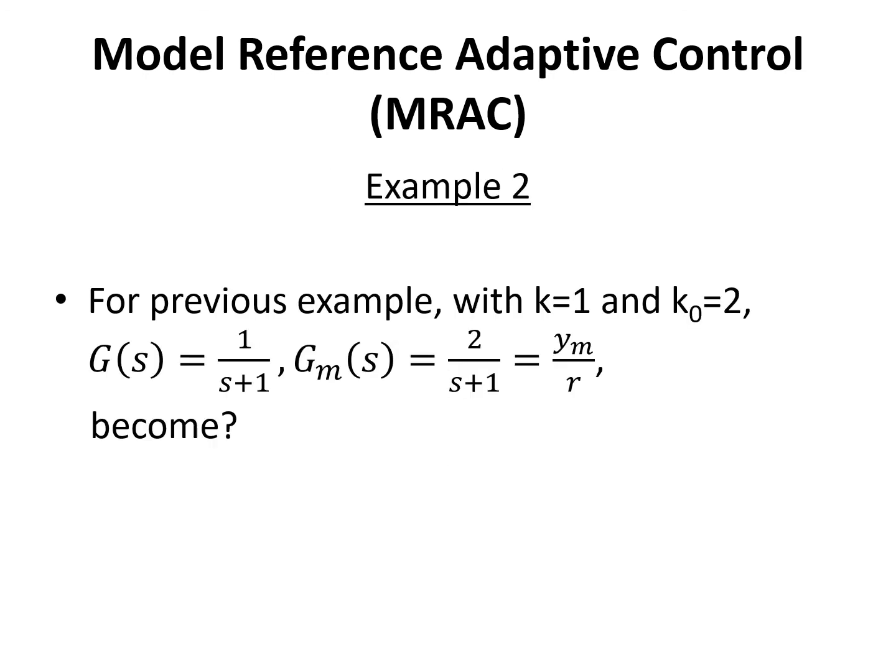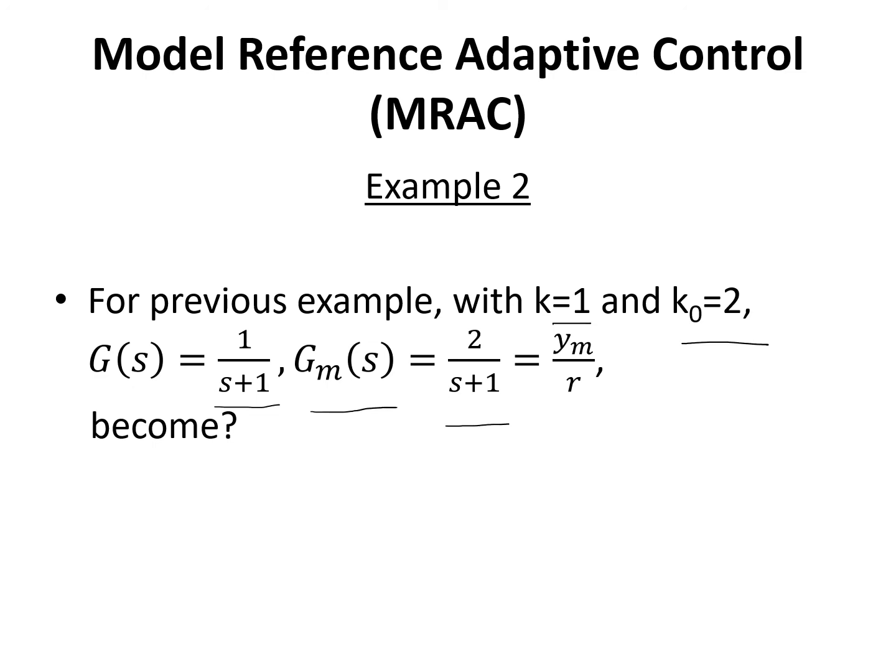So for example 2, from previous examples, if k equal to 1 and k0 equal to 2, g(s) equal to 1 over s plus 1, and gm(s) equal to 2 over s plus 1, equal to ym over r(s).